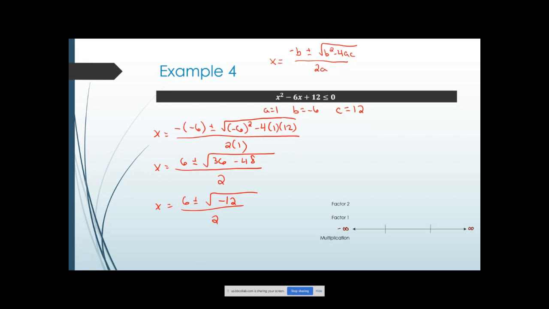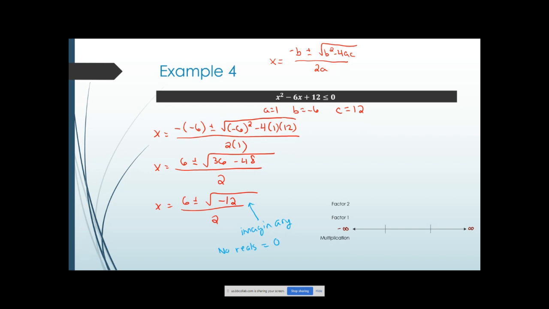Now if I have a negative inside my square root, that means I'm going to get imaginary numbers. And if we get imaginary numbers, that means that there are no real numbers where it equals 0. No reals that equal 0. So I don't have any parts on my graph, any separations.